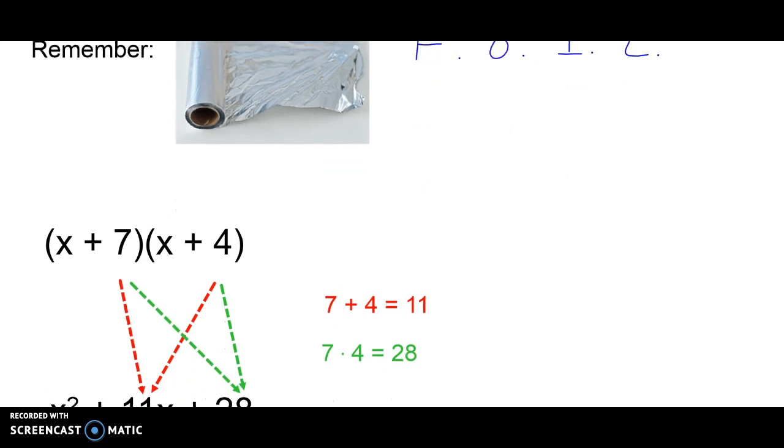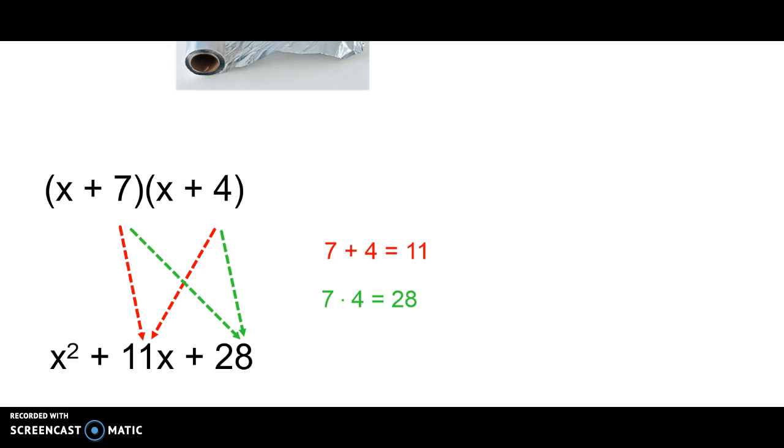Just about everybody works it out just by adding the 7 and the 4 to make the 11, and multiplying the 7 and the 4 to make the 28. It's not so simple if there are numbers in front of the x, but when things are simple, like this, you have a shortcut. That's what makes these the easy type. They're easy because x has no coefficient.